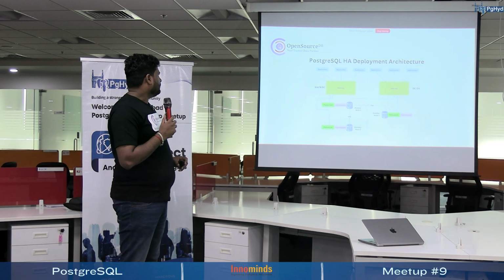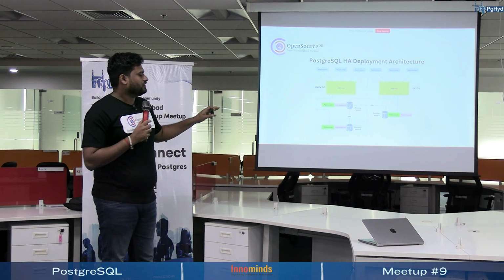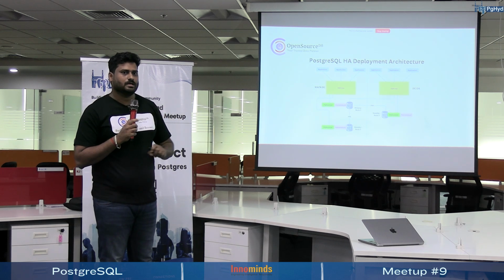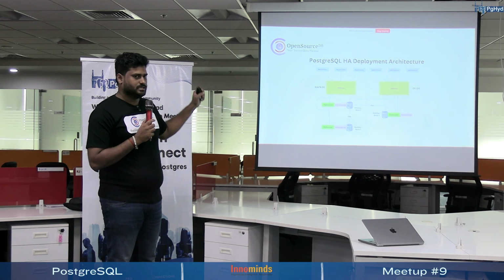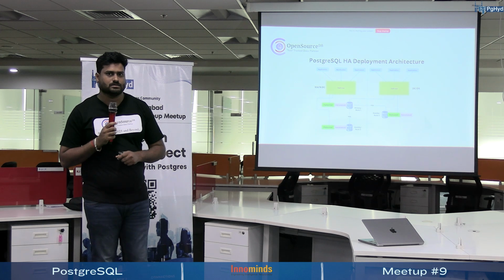Coming to the architecture, there are 5 servers, 3 in the main DC region and 2 in the DR region.